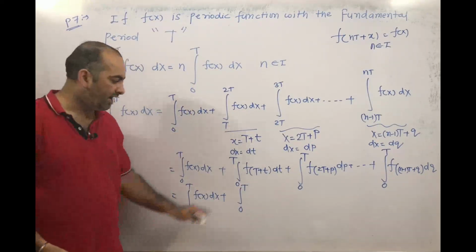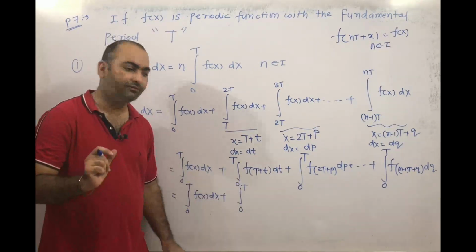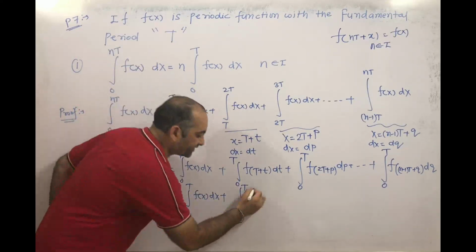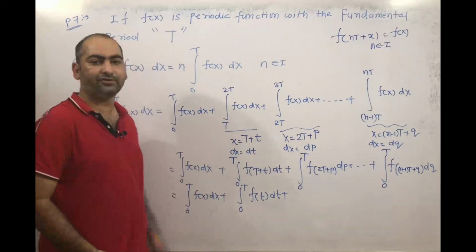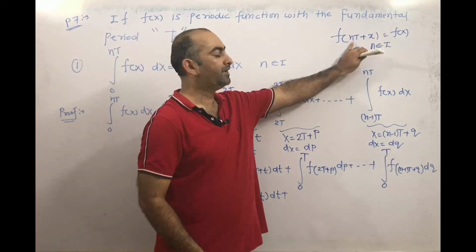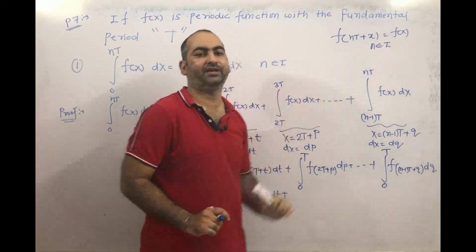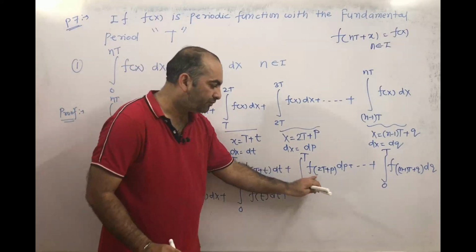f of capital T plus small t. Okay, so T is the period of the function f(x). So f of capital T plus small t we can write f(x), f(t) dt, plus we are using this property. If I put n value as 1, f of capital T plus x is f(x). Similarly here also 0 to T, f of 2T plus p.